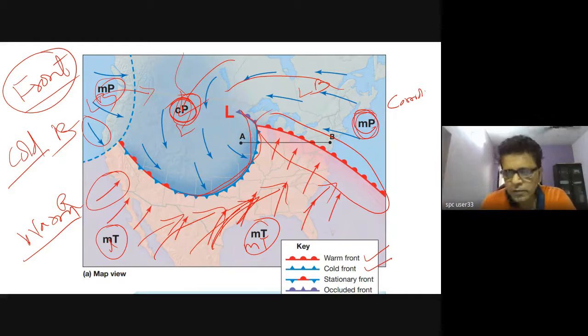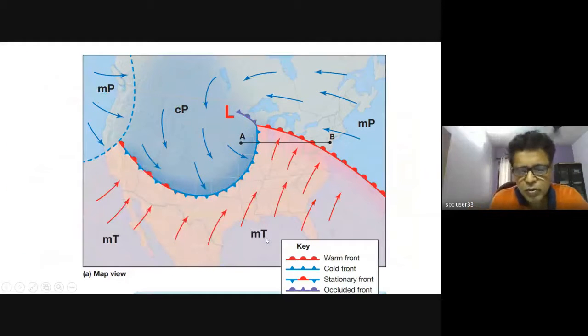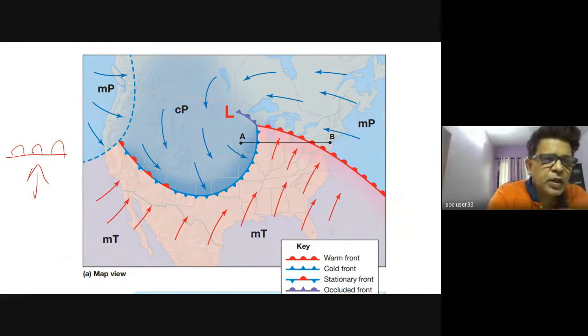Because you'll see that if I clear off all these annotations that I've put up, and try to make a few things. Say, for example, this is going to be your warm front, which is approaching from a lower latitude. And let us say this is going to be my cold front, which is going to approach from here.